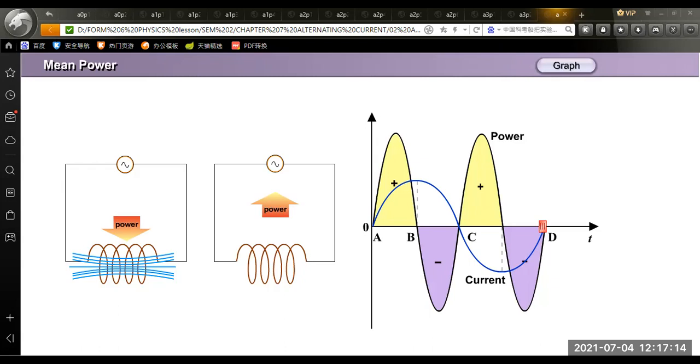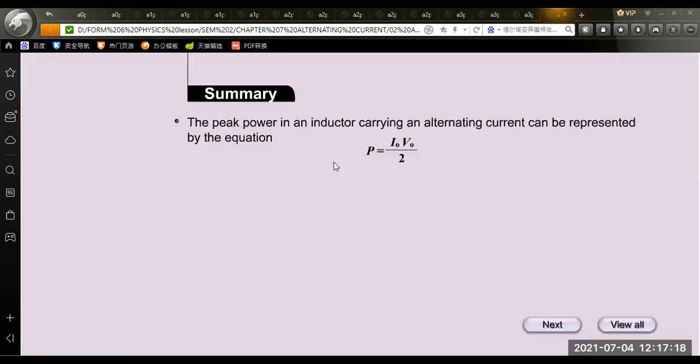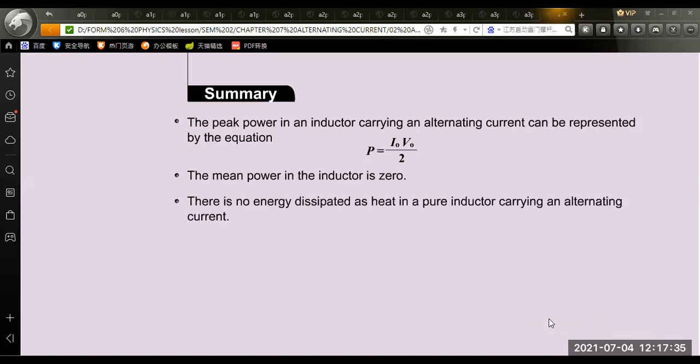So, ladies and gentlemen, as a result, we notice that P is equal to I naught V naught over 2, and the mean power in the inductor is 0. Next, there is no energy dissipated as heat in a pure inductor carrying an alternating current.